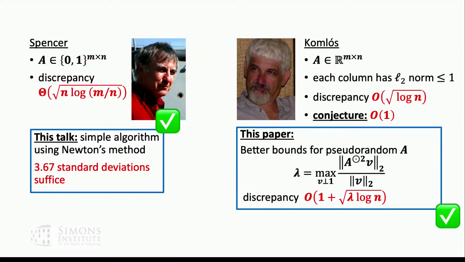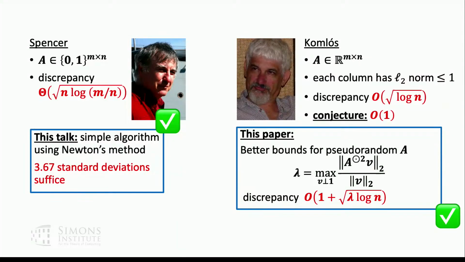So when we have a huge spectral gap, which corresponds to the case where this looks very random, we get something better than the current known bounds for Komlos: a discrepancy of 1 plus square root lambda log n. When lambda is significantly smaller than 1, we get an improvement.